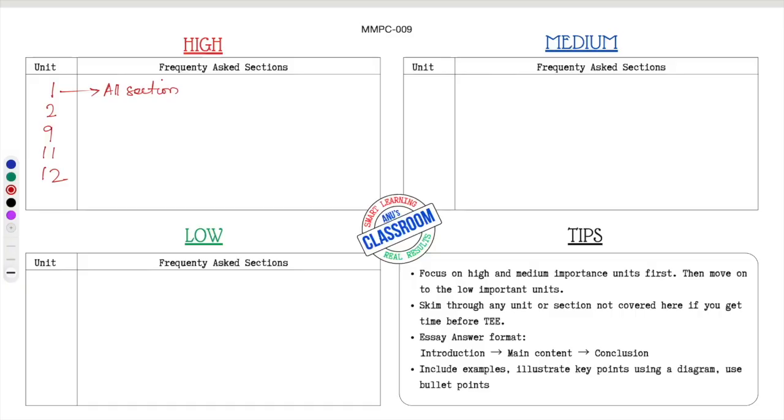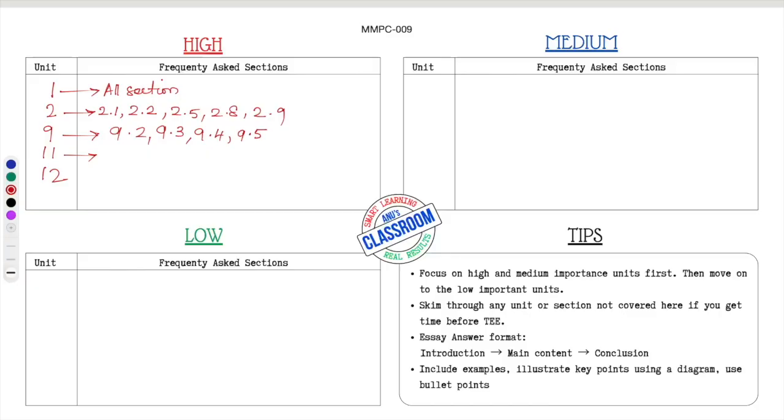In Unit 2, if you have the time, you can study all sections. If not, then you can focus on 2.1, 2.2, 2.5, 2.8 and 2.9. Okay, coming to unit 9, you can focus your efforts on 9.2, 9.3, 9.4 and 9.5 first before looking at any other section.